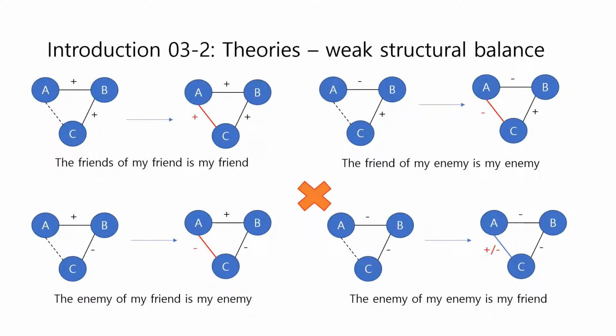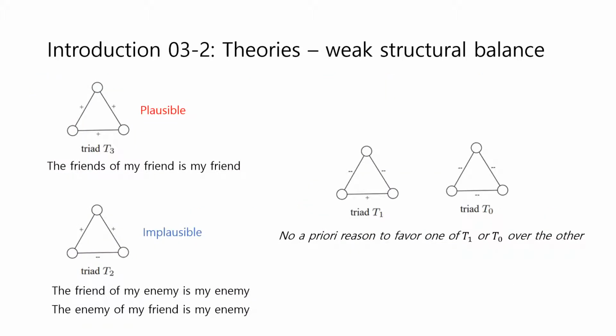A variant of structural balance theory called weak structural balance was introduced. The only difference is that in the notion of weak structural balance, there is no assumption about the enemy of my enemy. Therefore, triad type 3 is still plausible and triad type 2 is still implausible.